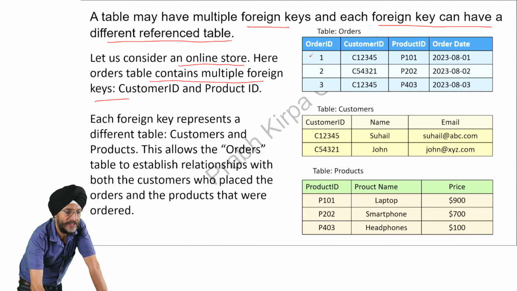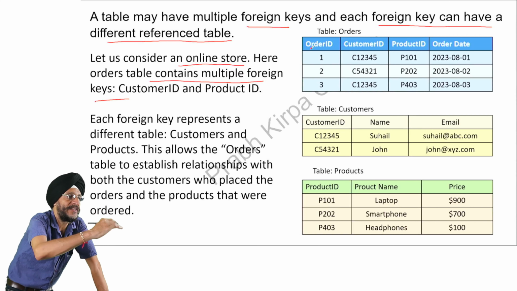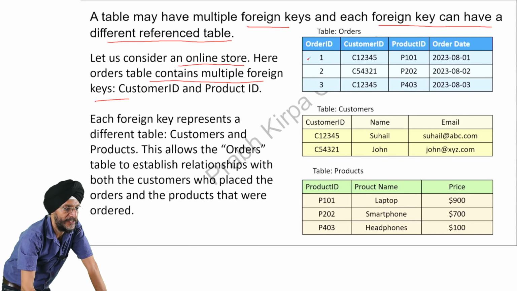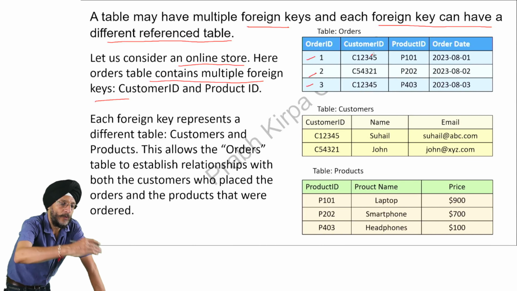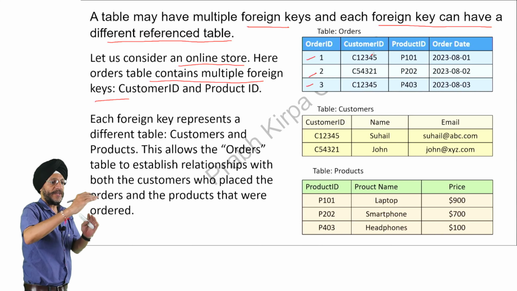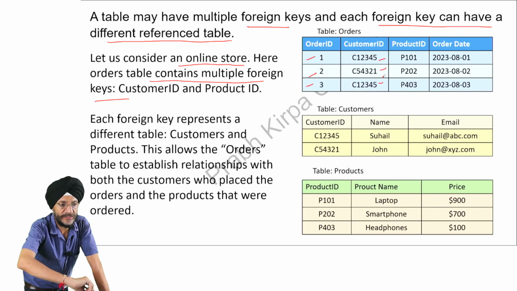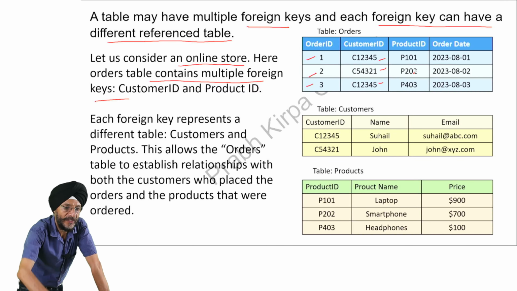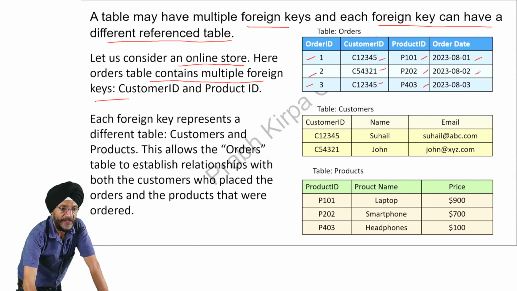Orders are being placed one by one, and each order is assigned one number, say order number 1, order number 2, order number 3. On the basis of the orders, customer IDs are also recorded by the system. Accordingly, product ID, meaning which product they are purchasing, is added, and order date is added.